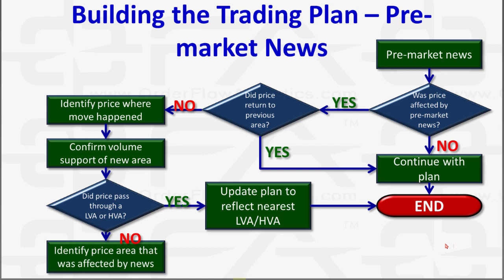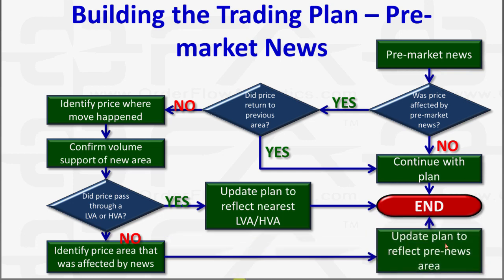Let's get back to this. Again, did price pass through an LVA or HVA? Talked about that. I'm talking about something you've identified as a key level. Did price go through that? So you just need to identify the price that was affected by news, and then update your plan to reflect the pre-news.